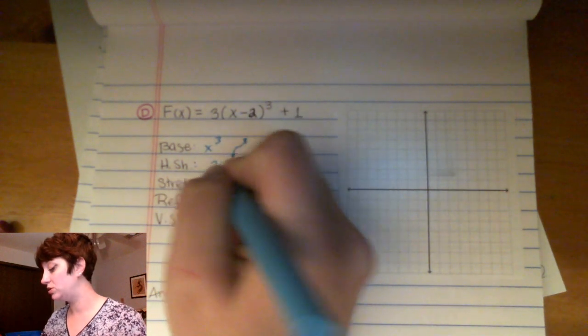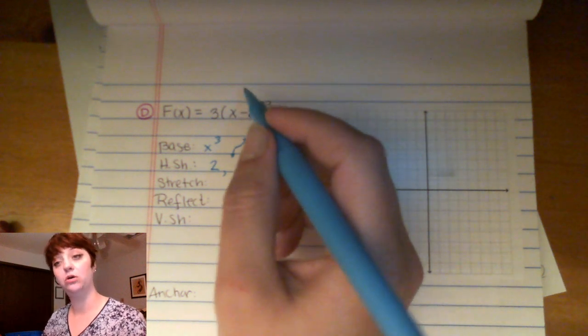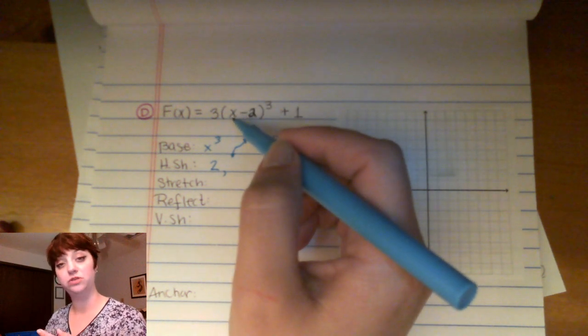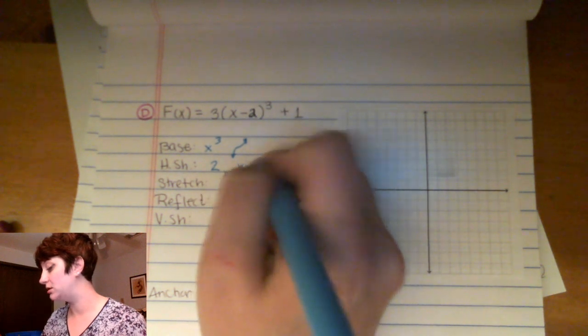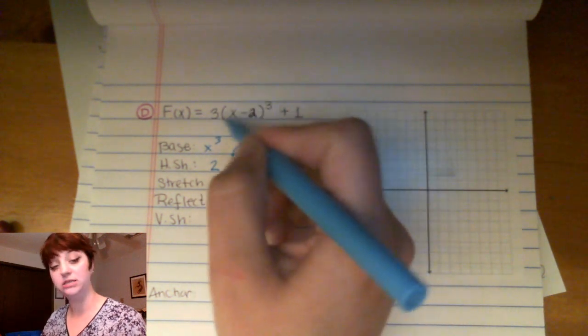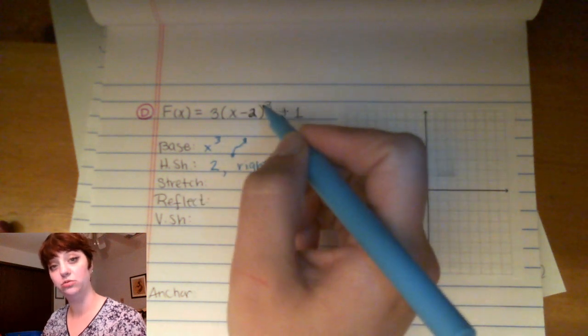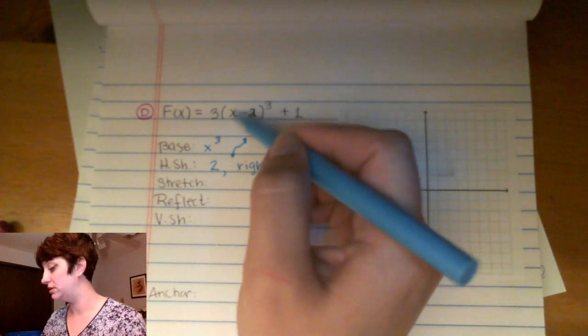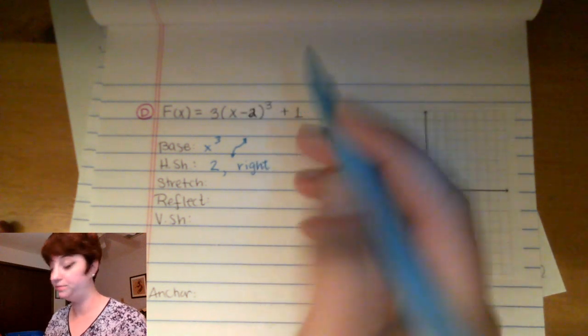So I do a horizontal shift. Horizontal stuff is always the opposite. So subtraction actually moves it to the right. So this is going to be 2 to the right because I'm going to have to make all of my x's bigger so that when I subtract 2, they're back to where they started, right? If I want 0 in here, I need 2 minus 2 gives me 0.